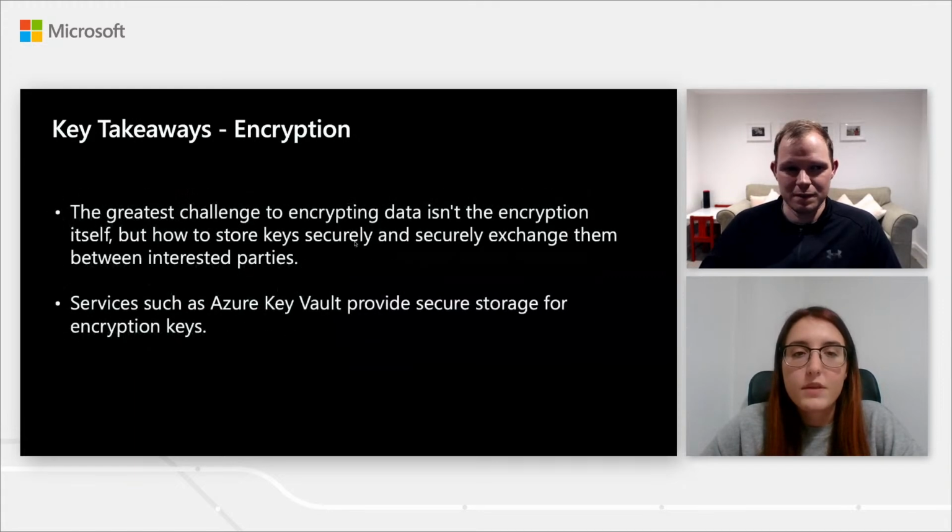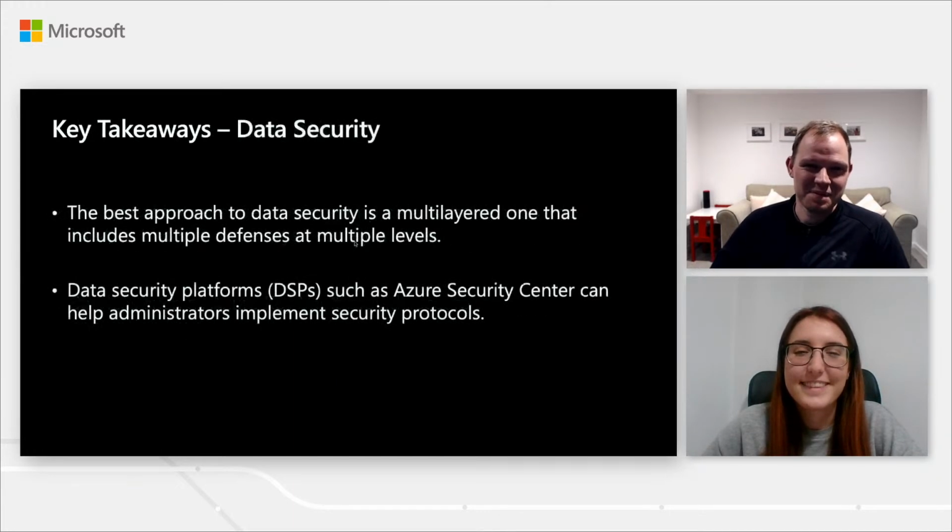And two more things from the encryption part: remember that the greatest challenge to encrypting data isn't the encryption itself, but how to store keys securely and securely exchange them between the interested parties. And remember that there are services like Azure Key Vault, which provide secure storage for the encryption keys. Yeah, can't emphasize that one enough. You should definitely not store your keys in plain text anywhere.